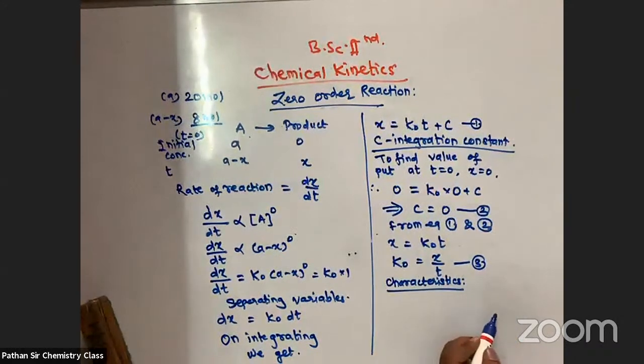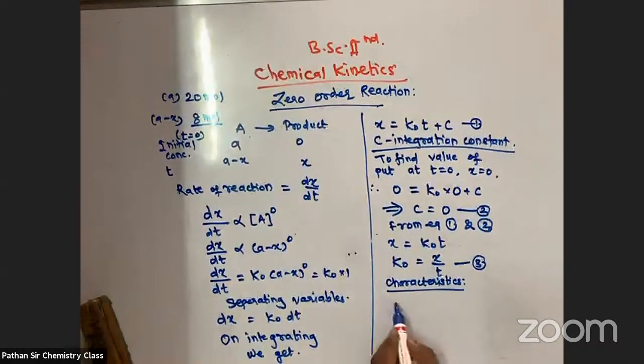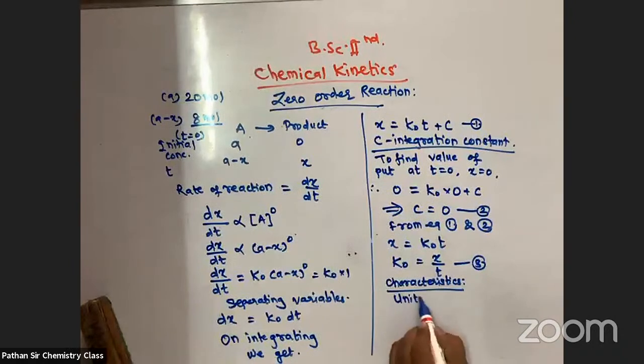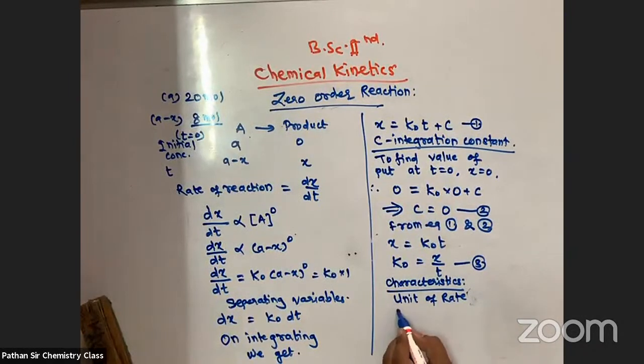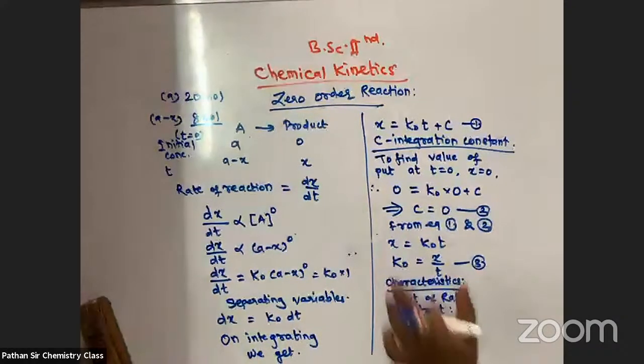Always remember, the first characteristic is the unit of the rate constant, for all reactions. That means for first order, second order, third order, zero order, all. The first characteristic is the unit of K0, or unit of K, which is the rate constant.